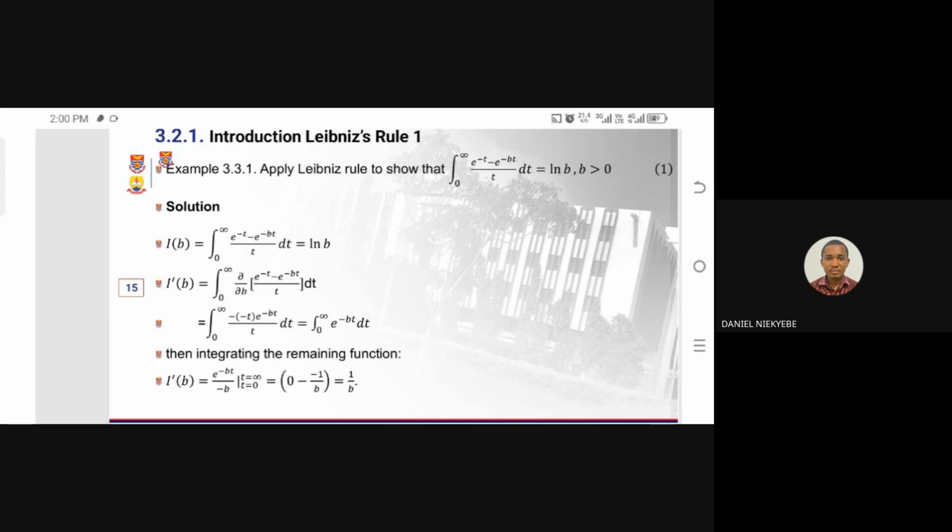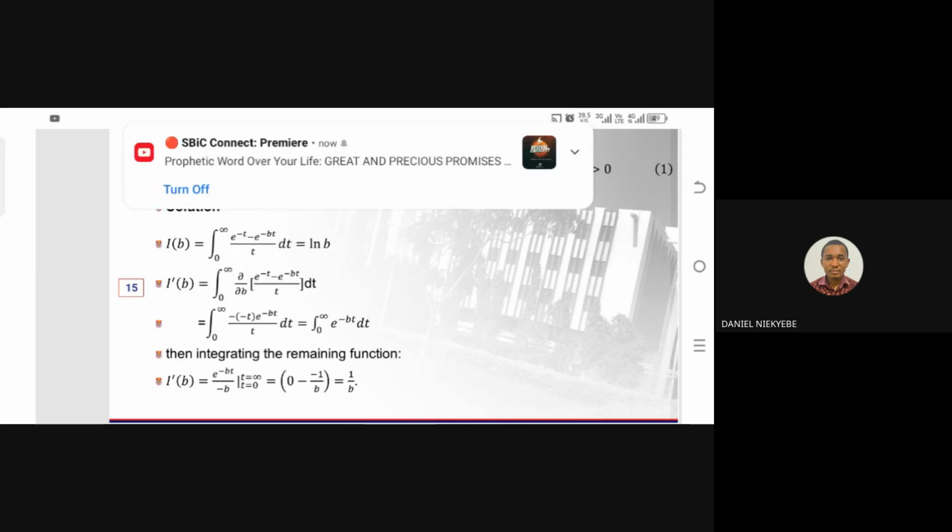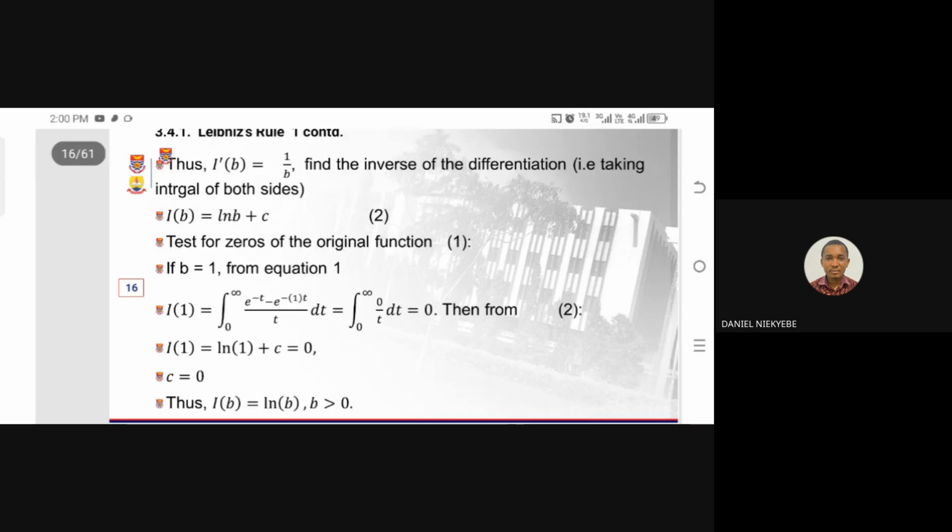You are going to get e to the power minus bt over minus b, and the limit is 0 to infinity. So wherever you find t, you put the 0 and infinity there, and you are going to have 1 over b.